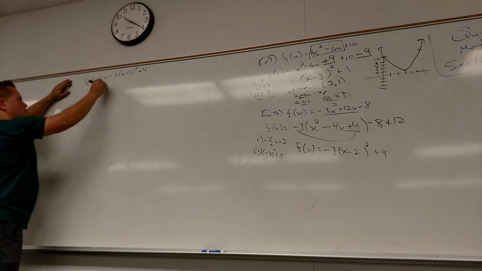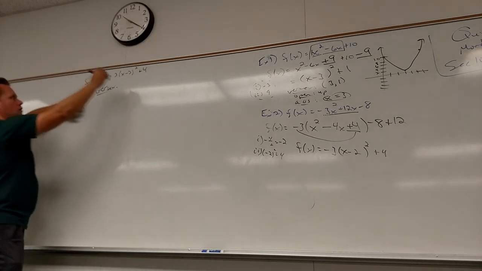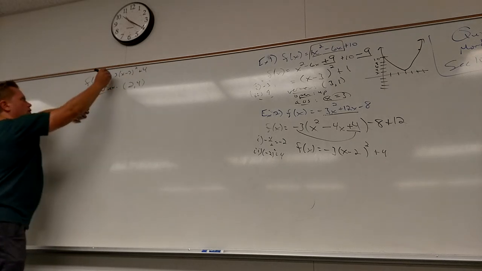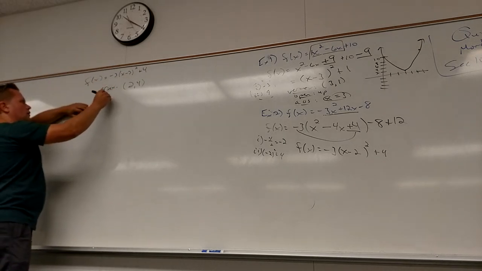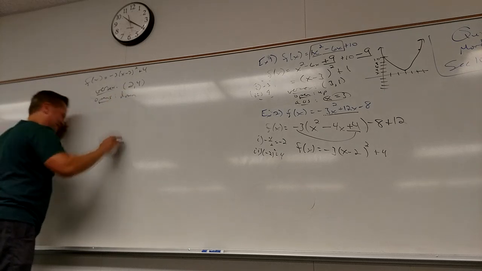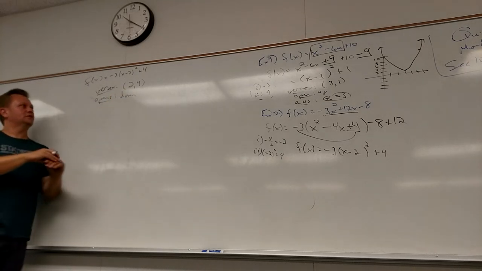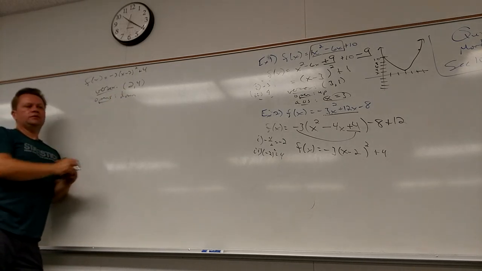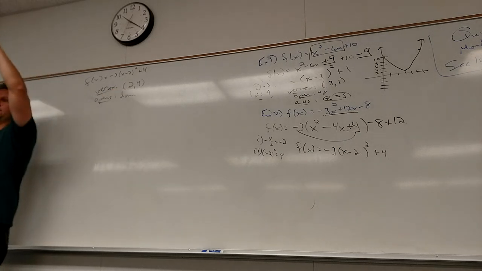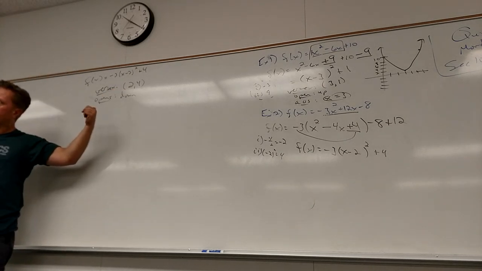So what's the vertex? 2, 4. How's it open? That is a 50-50 chance, right? Opens down. And somebody tell me, if it has a vertex at 2, 4 and it opens down, will this one have real x-intercepts?